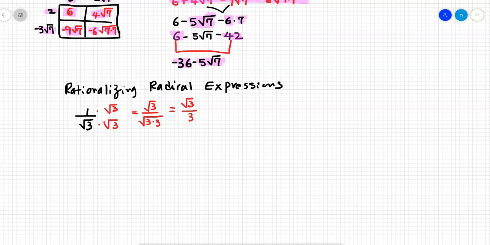Now, if you have the cube root, it's a little bit different, because if I have, let's say, a cube root of 3, remember that cube root requires exactly 3 identical variables or numbers. So in this case, you're going to have to multiply the whole thing top and bottom by the cube root of 3 times 3, or 9, right?